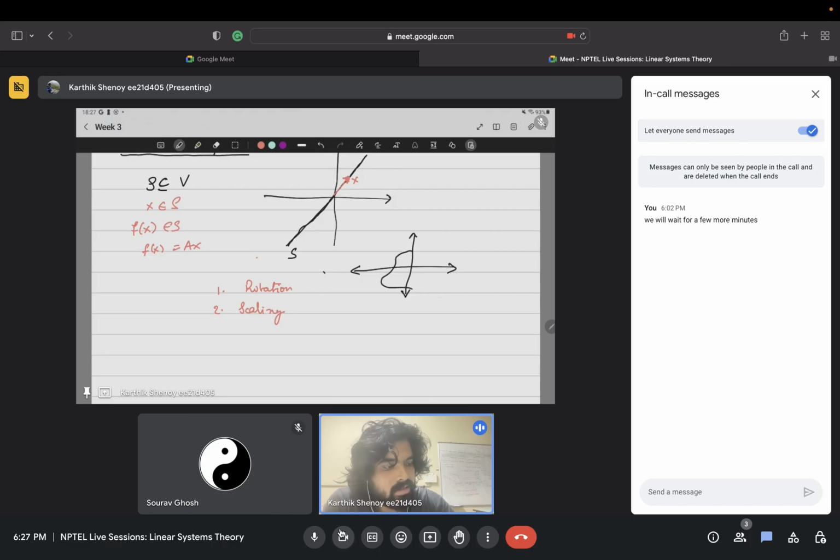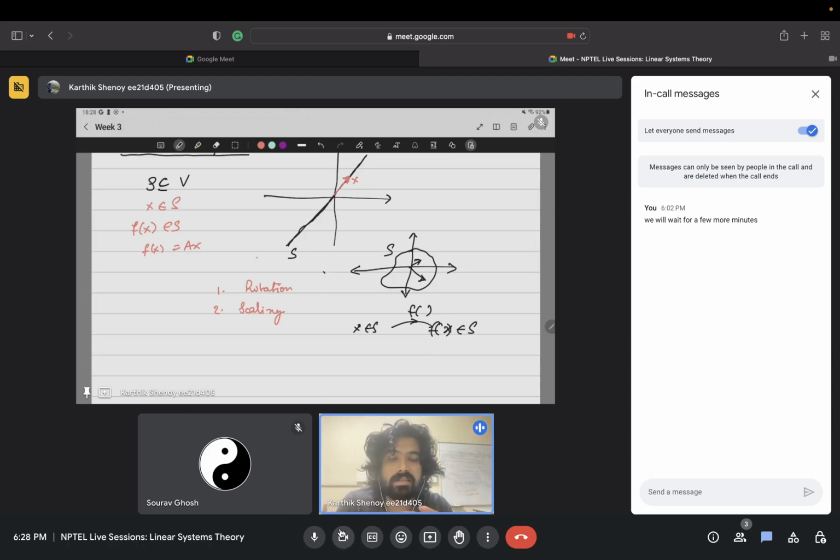Let's say I am taking a set S here, and I am saying any point you take and apply a linear transformation, it comes back inside the set. Basically it tells me it's closed under this operation. Closed in the sense that if x belongs to S and I apply f, f of x must still belong to S. That's the idea of an invariant subspace.